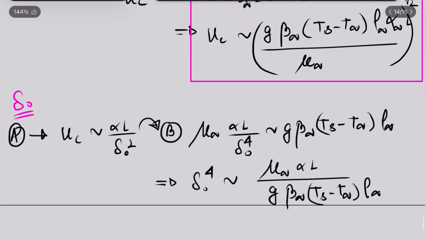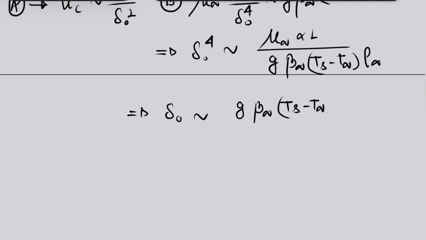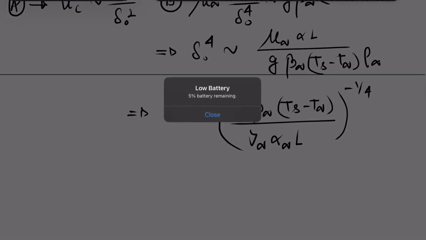So now I can write my delta naught is of the order of g beta ts minus t infinity by nu infinity alpha infinity L, whole to the power minus 1 by 4, since mu by rho is actually nu.